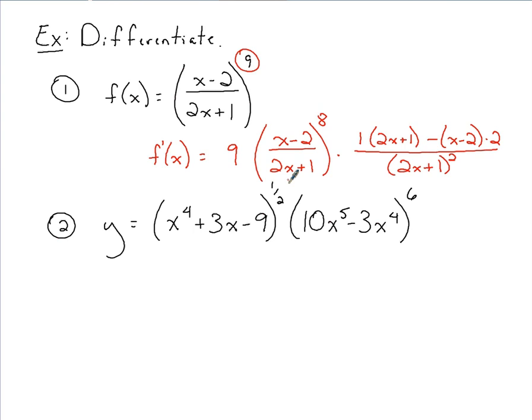All right, now if we look at number 2. If you look at the setup on number 2, we've got a product overall. We've got this piece here multiplied to that piece there. Since that's a product, we got to use the product rule. So taking the derivative here, use y prime, use dy dx.